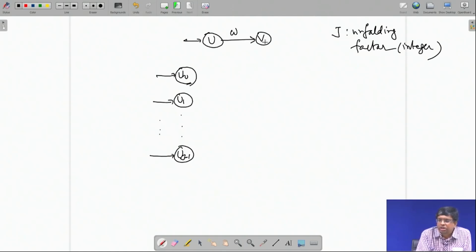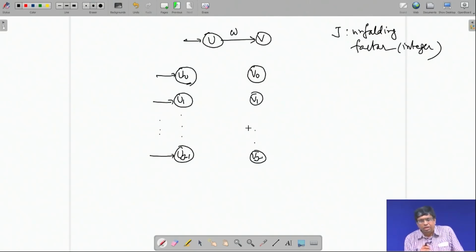Similarly, V was taking data from one line, now there will be parallel processes V0, V1, dot dot dot, Vj minus 1, and they will take data separately, one may take data from one of them, another from another, parallelly.